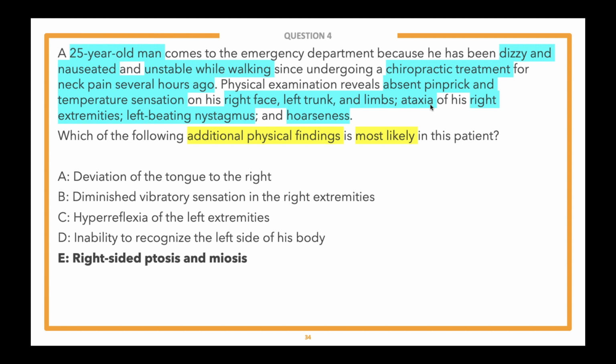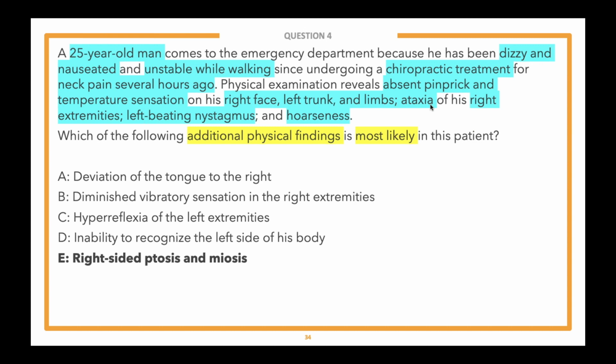Lastly, answer choice A, deviation of the tongue to the right. This indicates damage to the hypoglossal nucleus or cranial nerve 12. This is also in the medial medulla, okay? And this is supplied by the anterior spinal artery. So also a different location within the medulla.